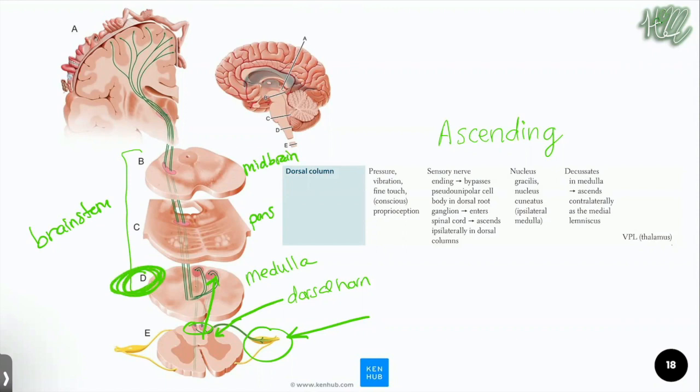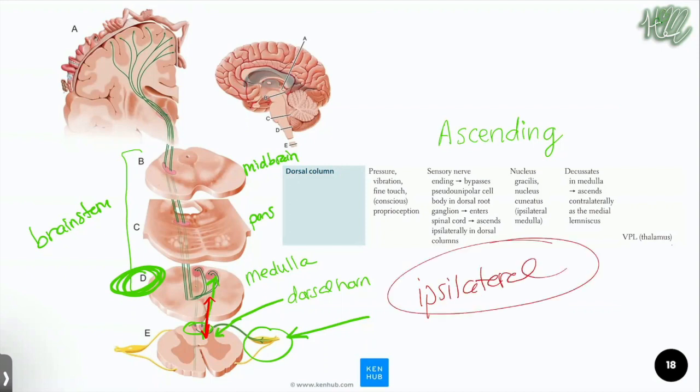So what does this tell you? If there is a lesion anywhere between this point and this point, prior to the decussation, that will cause ipsilateral symptoms. Always. If the problem is a lesion above this point, that will always be contralateral, always.